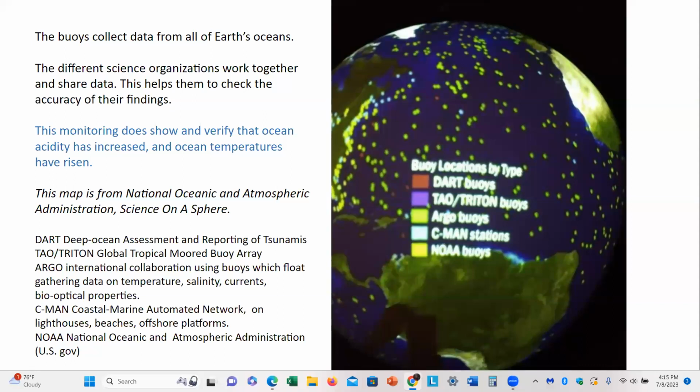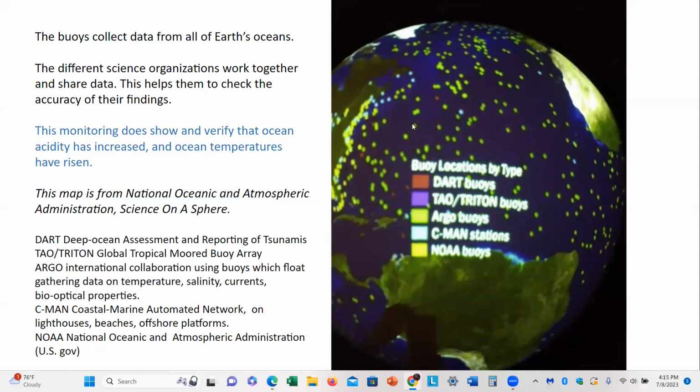This map is from the National Oceanic and Atmospheric Administration, Science on a Sphere. You'll see that some of these are United States organizations, some are international collaborations. Some of the buoys are set on the coastline or on offshore platforms near the coastline and the beaches, or put in lighthouses.